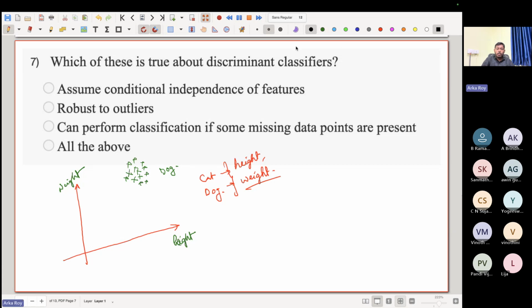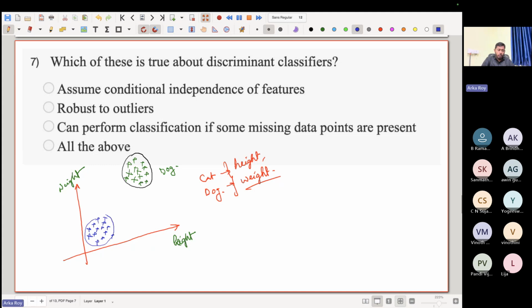So you can see this dog class is residing over here, where the height is much higher as well as the weight. And let's say the cat class, because cats' weight and height is quite small compared to the dog class, is clustered in this particular region.